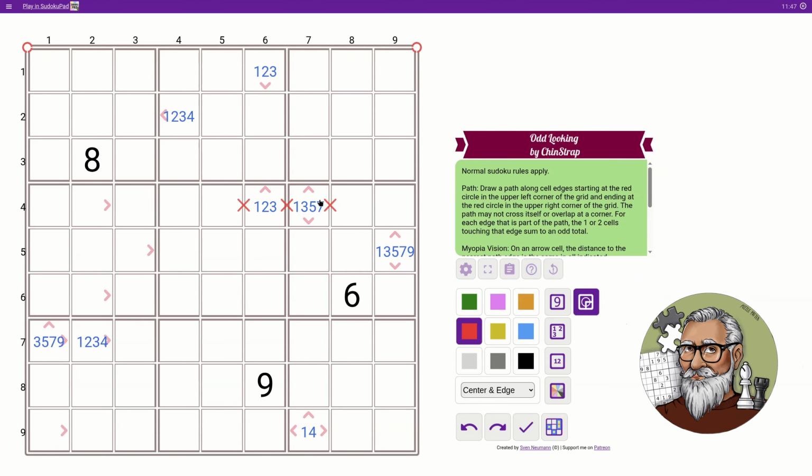What happens actually? If this one is there, then this would have to be 5. Oh, we can't have 7 anymore. Hold on. What's the impact of this one? The impact is this would have to be 3, right?